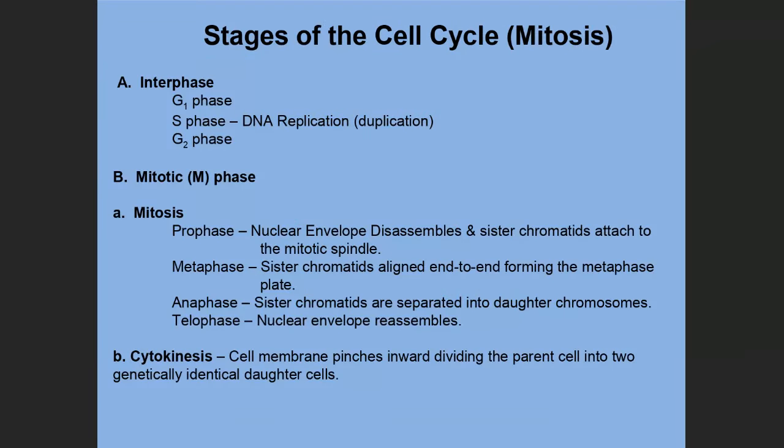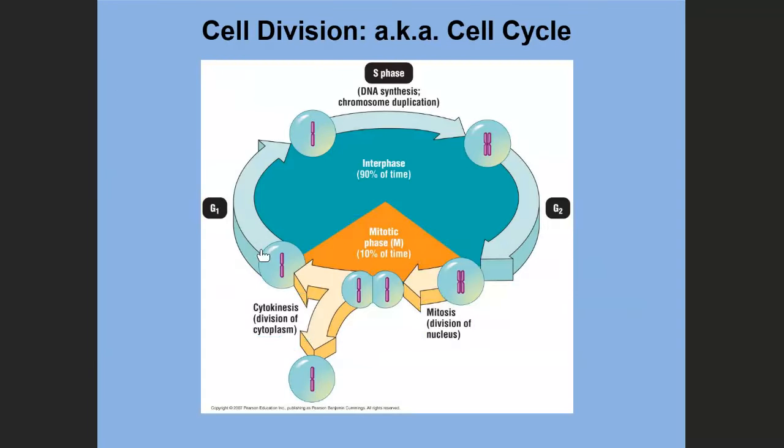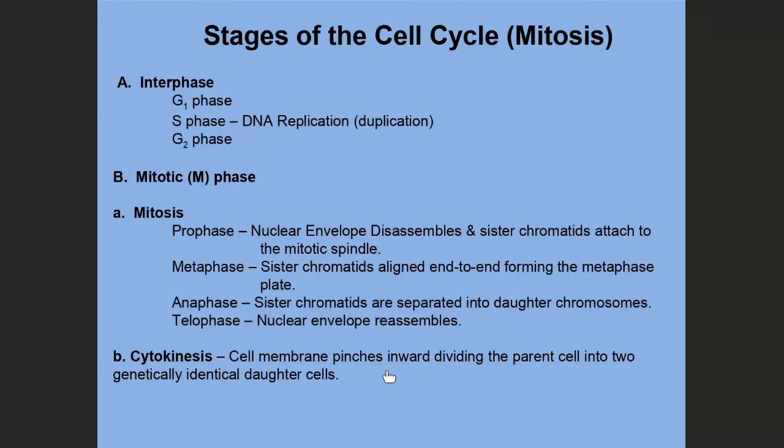Okay. So then what I show you is, this is a diagram. On the next slide, what I show you is all this information given to you in an outline format. Here's A, interphase. Here's B, the mitotic phase. Here are the three subphases of interphase, and when DNA replication occurs, they may say duplication. Then the mitotic phase, I show you it's divided up into two subphases, mitosis and cytokinesis.